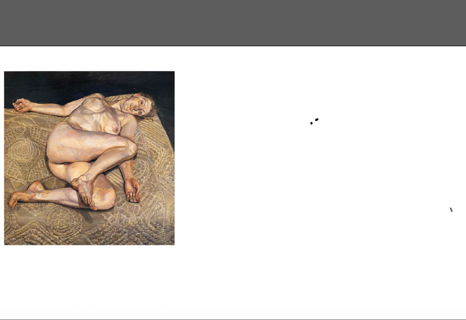So if I start with the premise of this plane, now moving away from me, this plane is slightly twisted in relationship to this plane.